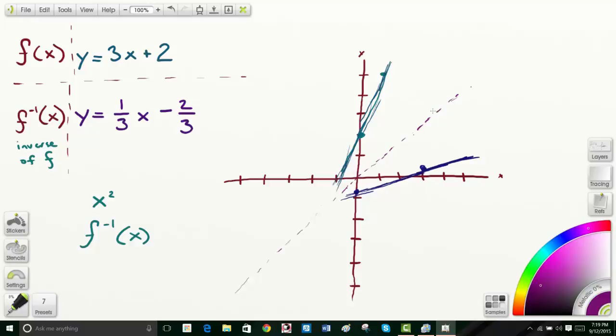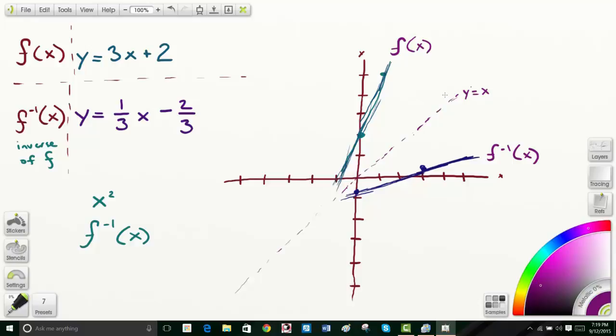So I have a diagonal line here, I have my function, and I have my inverse function. And it just so happens that they're mirror images of each other along this diagonal line, which happens to be the line y equals x.